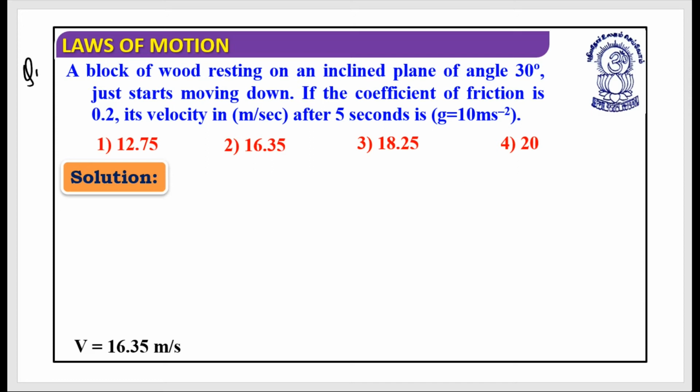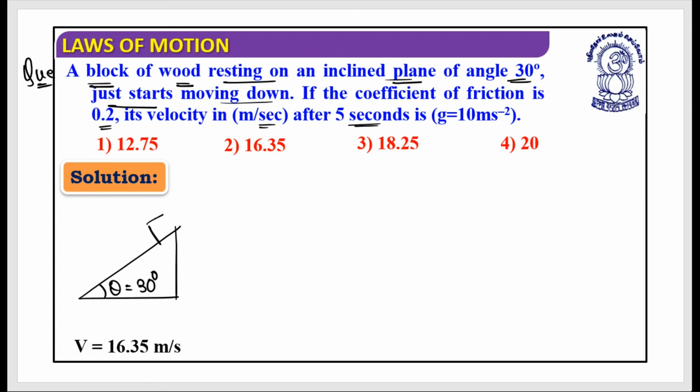It says that a block of wood resting on an inclined plane of angle 30 degrees just starts moving down. The coefficient of friction is 0.2, and we need its velocity in meters per second after 5 seconds. So the situation is something like this: let's assume this is the wedge, this is theta, which equals 30 degrees, and it is resting on an inclined plane.